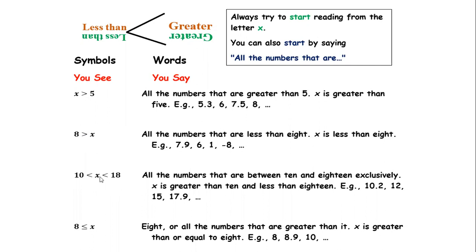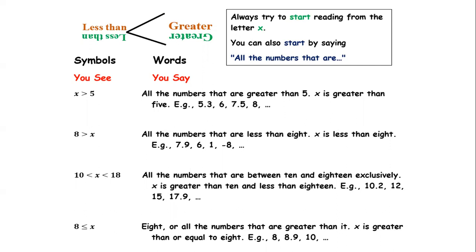And when you look at X, X is between 10 and 18. All the numbers that are between 10 and 18, exclusively, because the equal sign is not there. So 18 and 10 are not included in all these numbers.